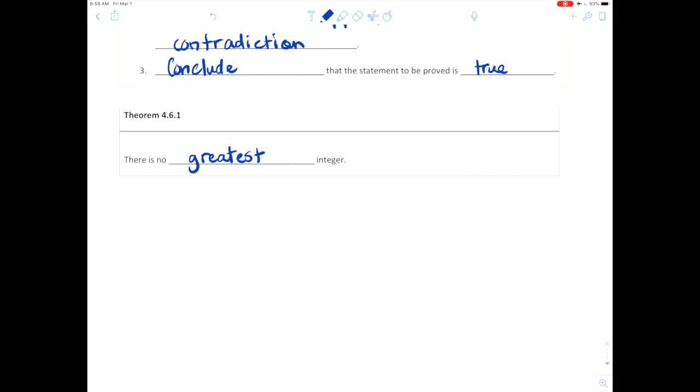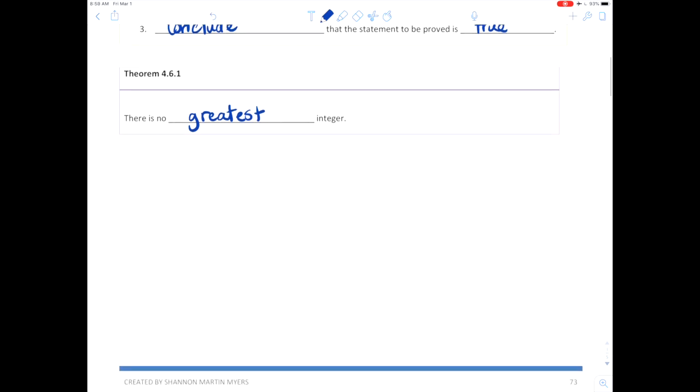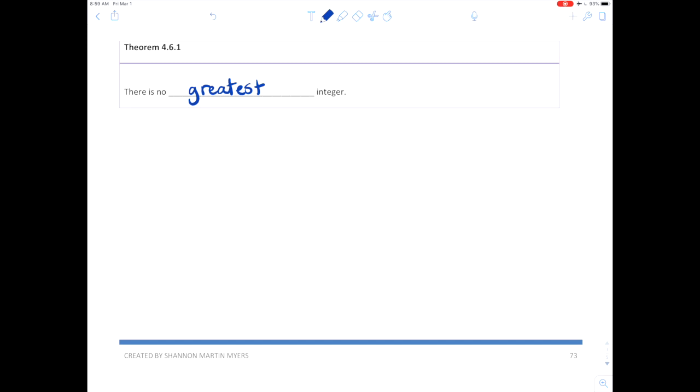So we don't really write infinity with integers, right? That's more of an interval notation thing. But it's kind of a similar idea. There is no greatest integer. So some people actually will state proof by contradiction, if that's what they're going to do. So let's just go ahead and write that, or you could just start with proof.